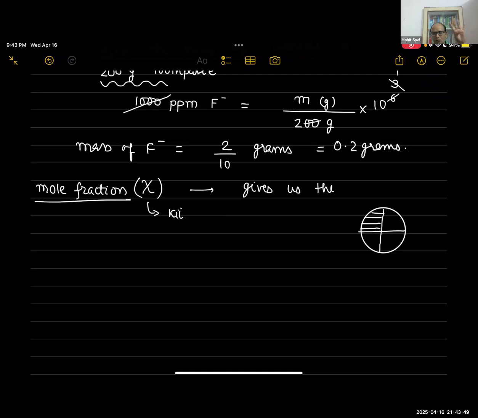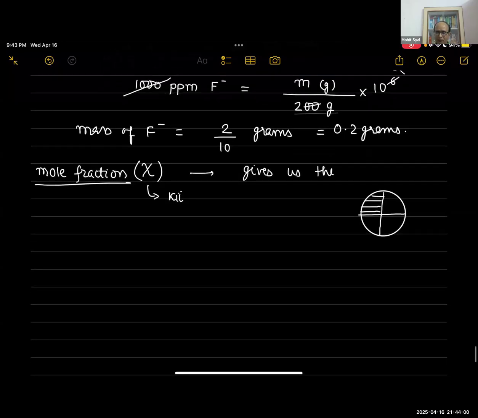Out of the 4 parts, you took 1. So 1/4. So fraction is always going to be less than 1. Or you will get the answer in decimal, 0.25. Got it? So it gives us the fraction of moles of a component.